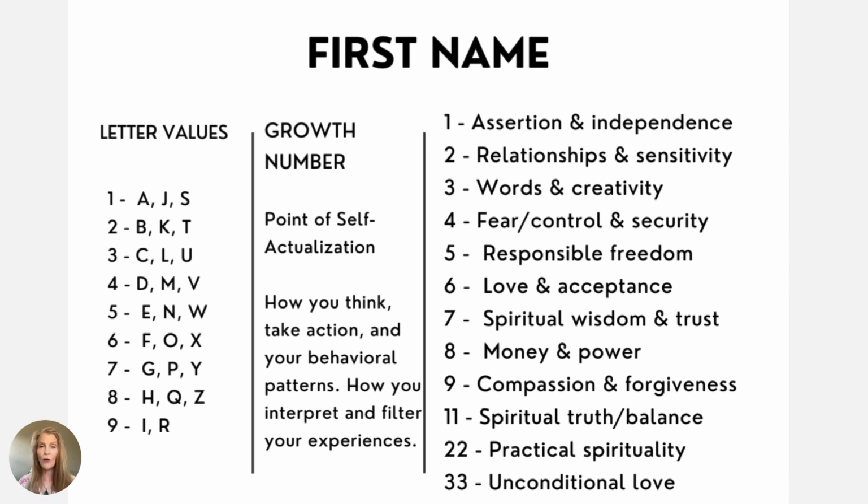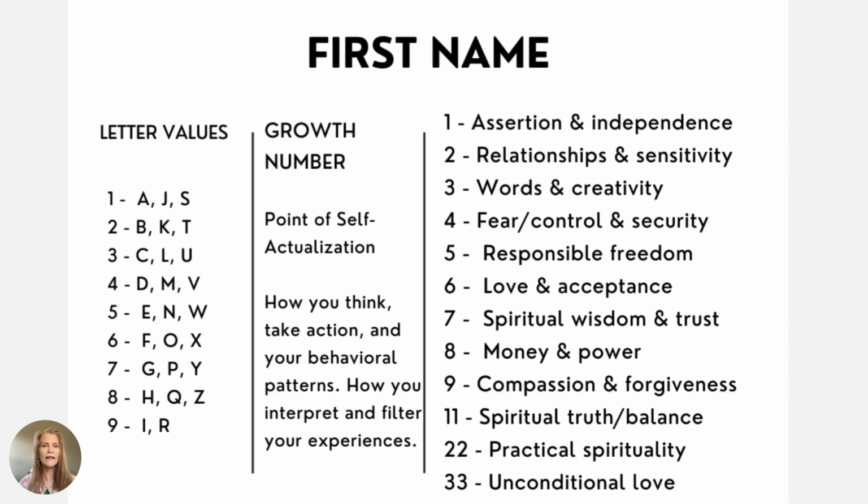The 2 is about relationships. It's about intuition, sensitivity. The 3, words and creativity. Isn't James? James is a 3, if I remember correctly, all about words, creativity, communication, emotional sensitivity. All of those things are the way that the 3 organizes, the way that they position themselves in the world.